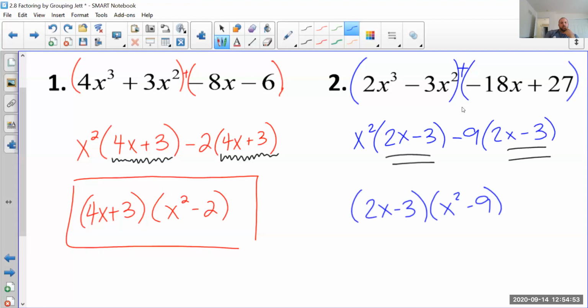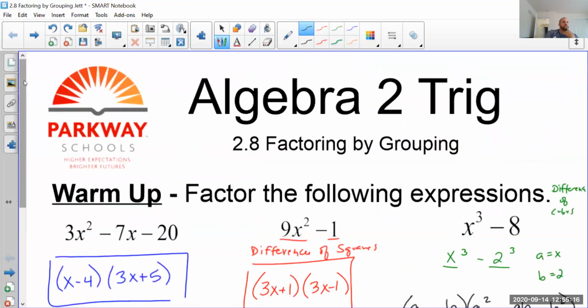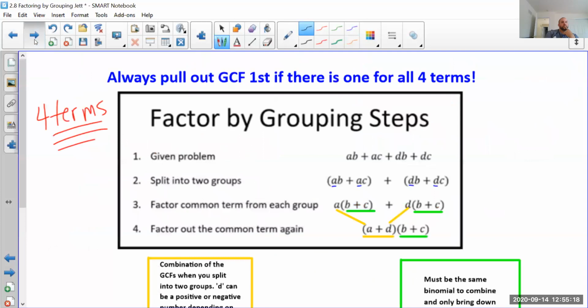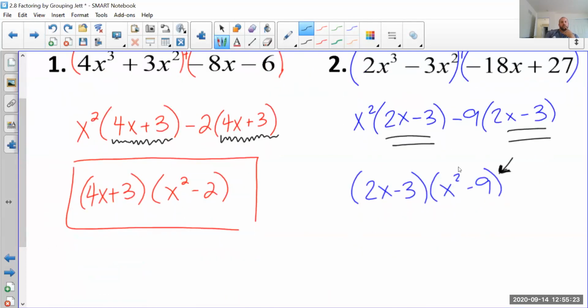Now, did anybody go further from there? Can I factor this? X squared minus 9. Isn't x squared a perfect square and 9 a perfect square?